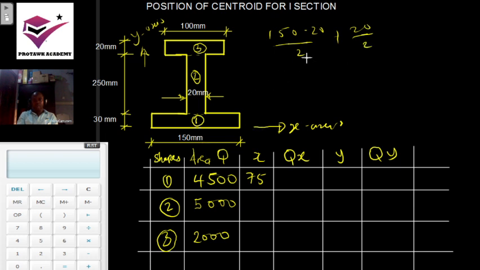So what we have here is 150 minus 20 is 130 divided by 2, which is 65, plus 20 over 2 is 10. So this will give us 75. So write it down as 75.